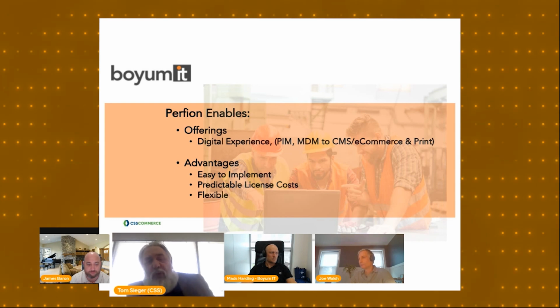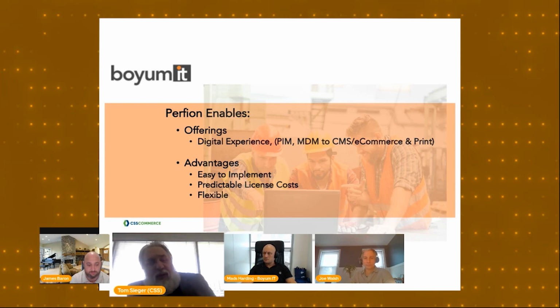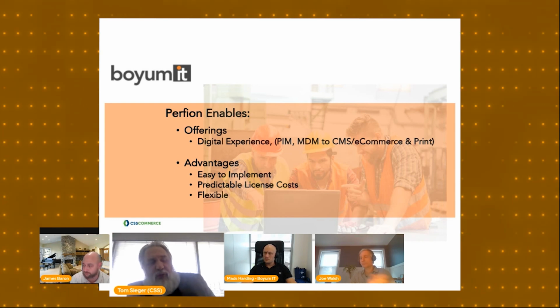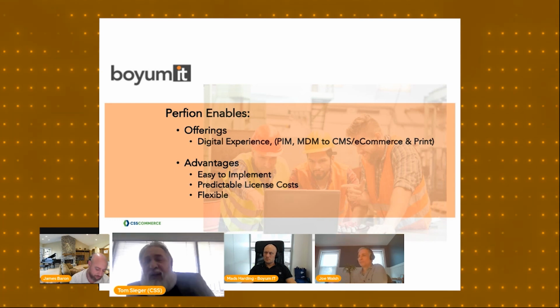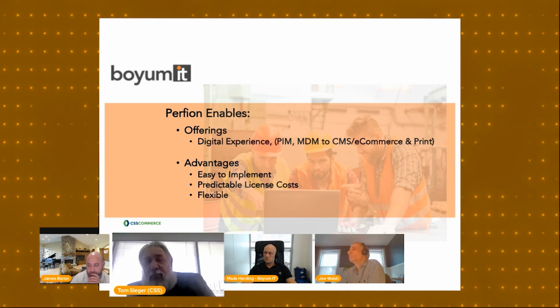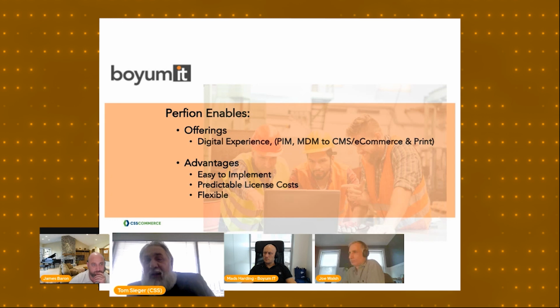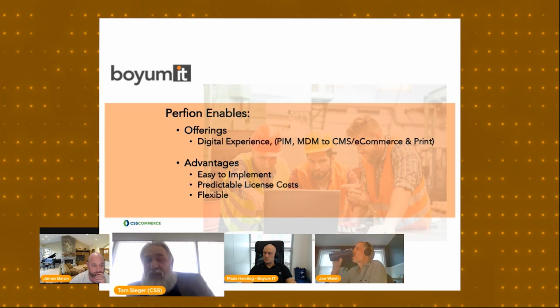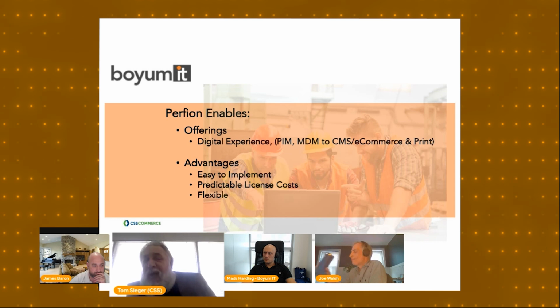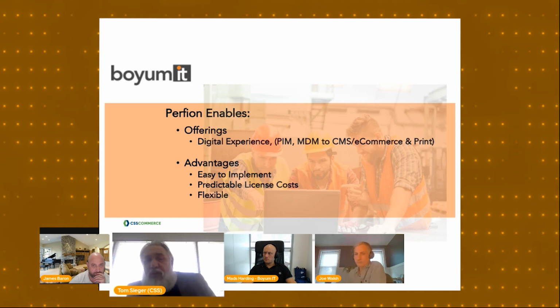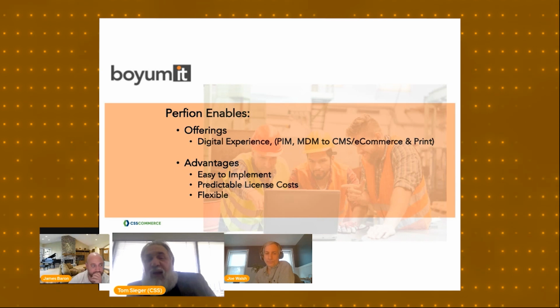And Perfion drives that in a number of ways. The most important way is in consolidating information in such a way that now I can not only share more information about my product, tag my product better, make my product easier to find, but it also allows me to do things, for instance, like very quickly identify if you can't buy this right now, what's a good replacement for it?